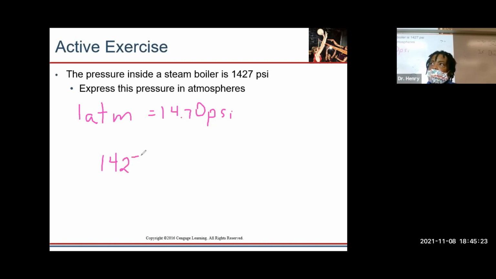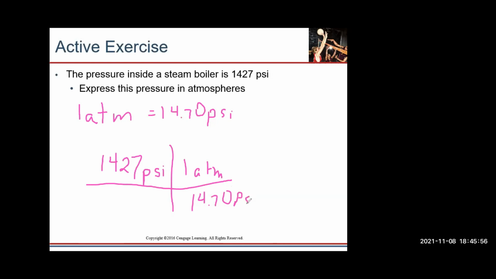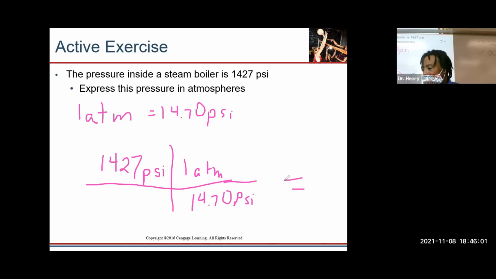So we're going to start off with what our given is. And what are we going to do? Okay, so 1 ATM over 14.70 psi. Okay, you do the math.